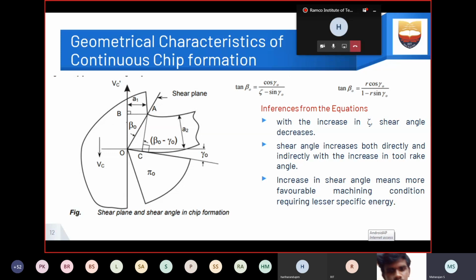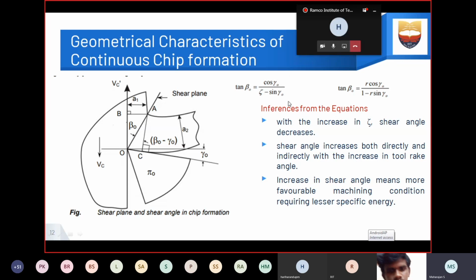So mostly we have to maintain this rack angle so that we can increase the friction angle and reduce the friction in between. That is very, very important. Also, if we increase the rack angle, we can have lesser force. By using lesser force, we can cut the work material so that the consumption of energy will be very, very minimum. These are the inferences from this equation.